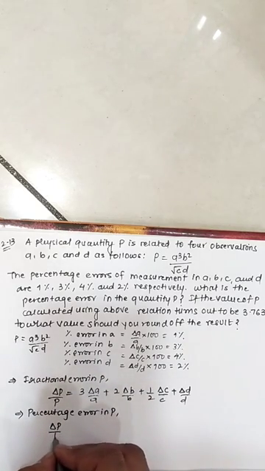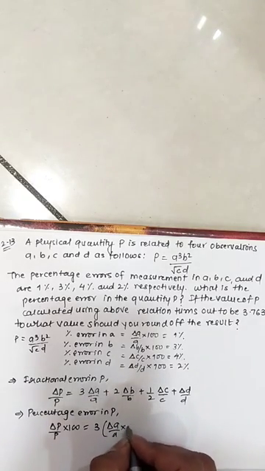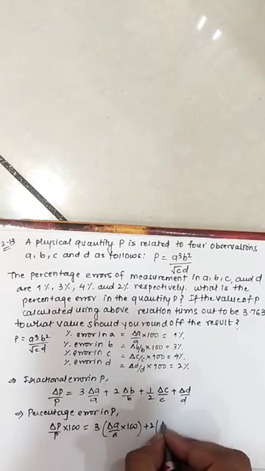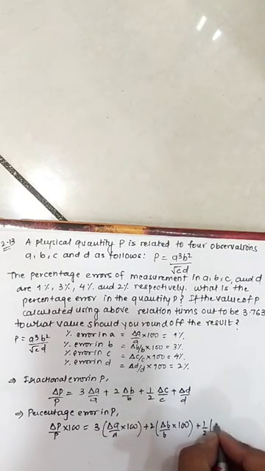So delta P by P into 100 is 3 times delta A by A into 100, plus 2 times delta B by B into 100, plus 1 by 2 delta C by C into 100.